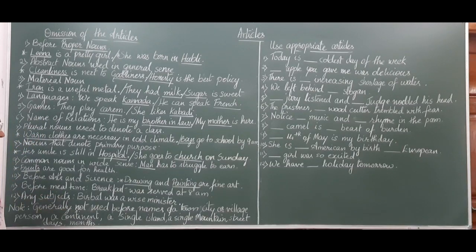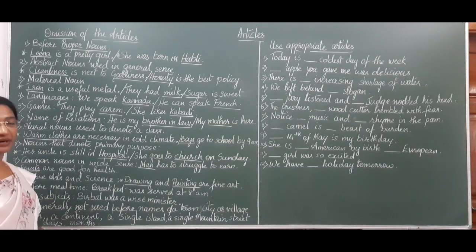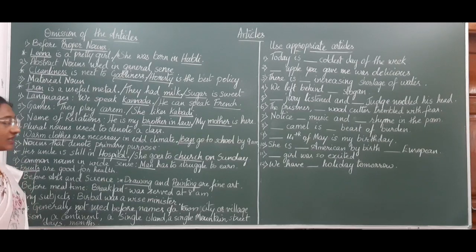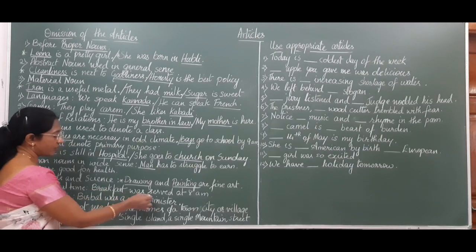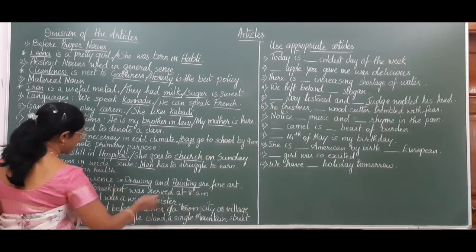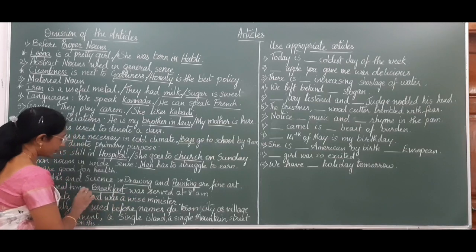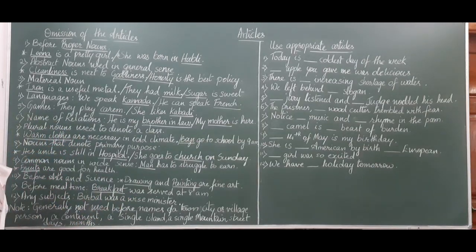Before meal times, when we are referring to meal time, breakfast, lunch, dinner, such words don't take articles. Breakfast was served at 8 a.m. No need of articles before the names of meal times.